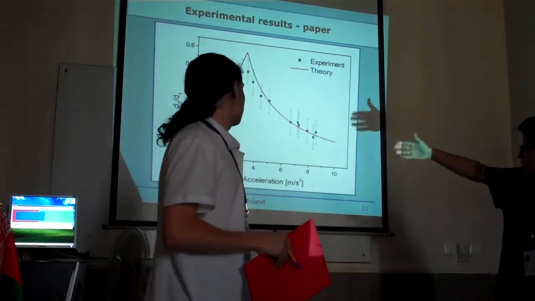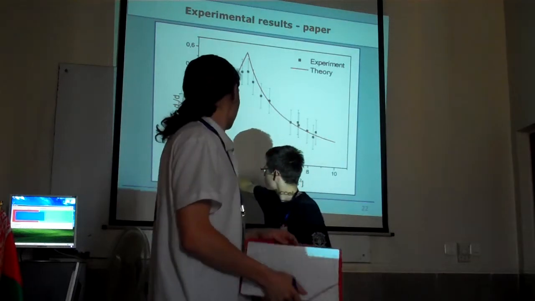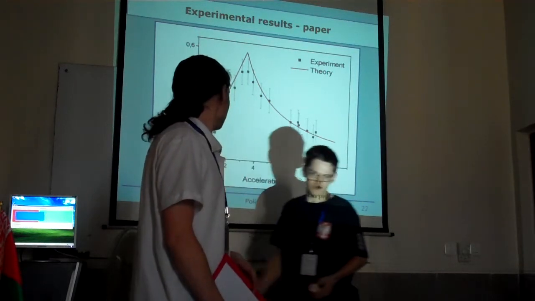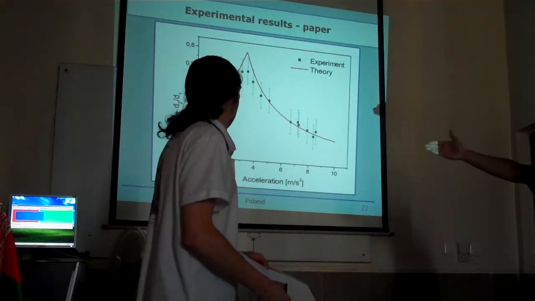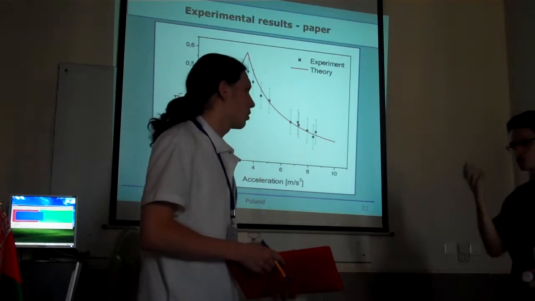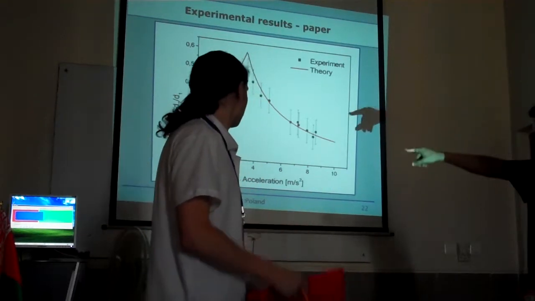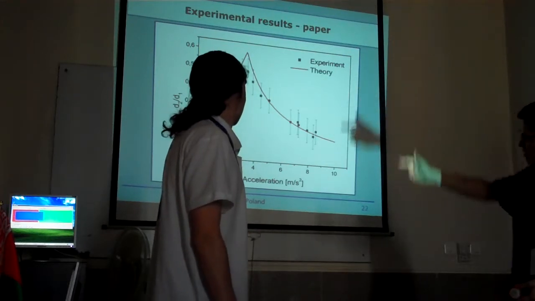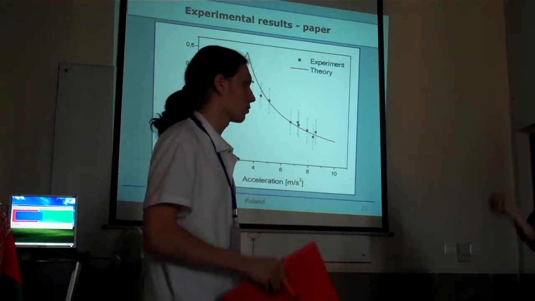You can see here, it's for low acceleration, lower than 1 meter per second squared, even lower than 0.5 meter per second squared, and you still find great agreement between theory, including only static friction, not including rolling friction. Those points almost match the theoretical curve. So this is another proof for the rolling friction to be negligibly small.